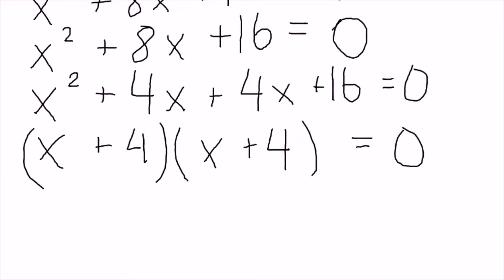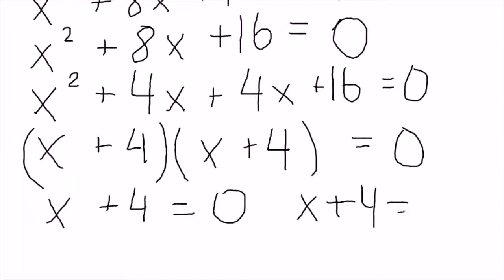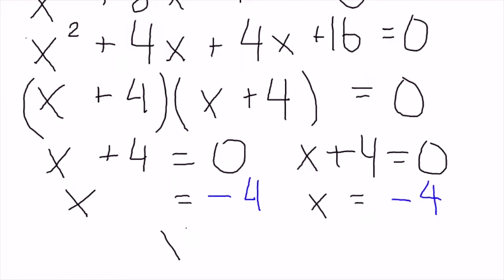And if you want to find out the values for x, you say x plus 4 is equal to 0 and x plus 4 is equal to 0. So then you know that x equals negative 4 and x equals negative 4. So your final answer would be x is equal to negative 4.